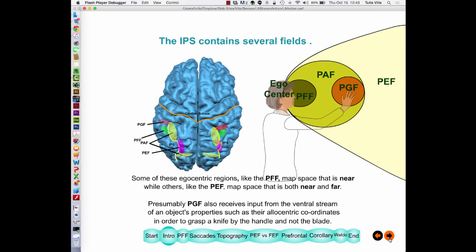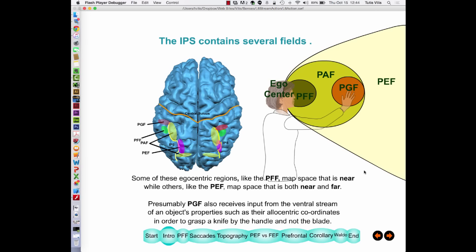So we see that we've got all kinds of egocentric regions. The parietal face field codes very near space. Others, like the parietal eye field, code space that's near and far.